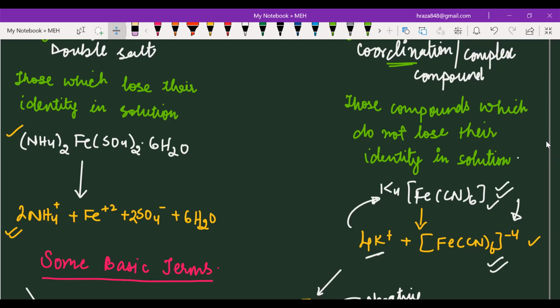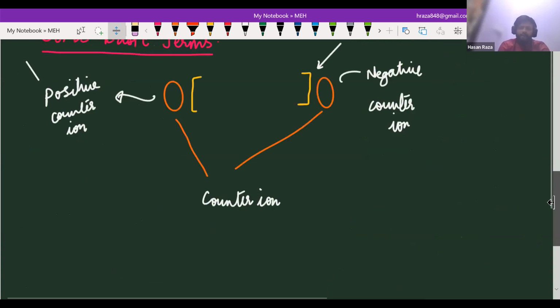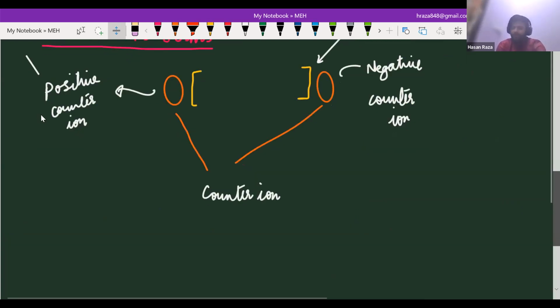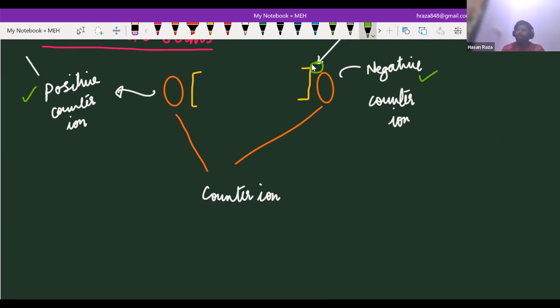Yes, sir. Very good. Now see, it's very easy. The number of positive or negative ions depends on the charge. If you have a 4 plus charge, then 4 negative charges will come.